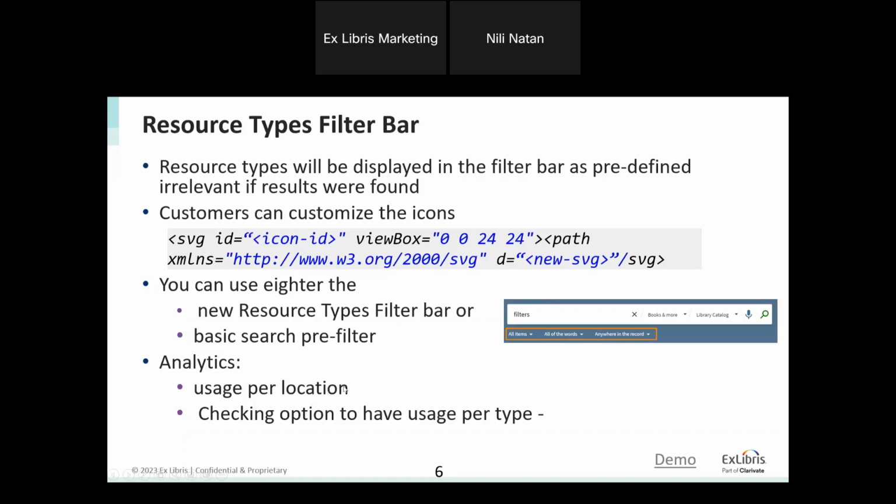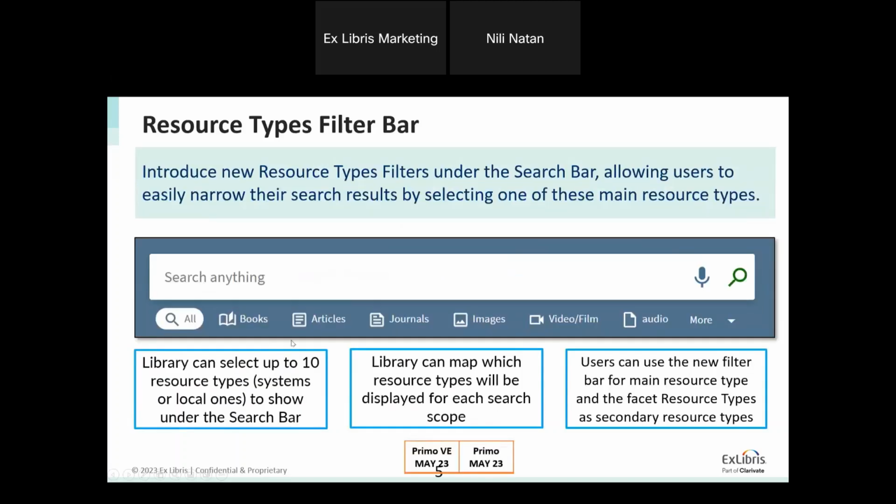And last, before the demo, we are providing usage on the clicks for each resource type. Currently, we are delivering it per the location. That means if someone is clicking on articles, in the usage it will show as a click on button number 2 or 3. I don't recall if it is 1, 2, 3, but it's going to be numeric by the location. I know it's not ideal.